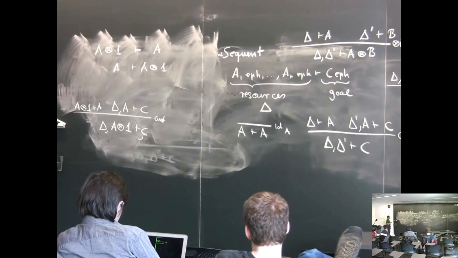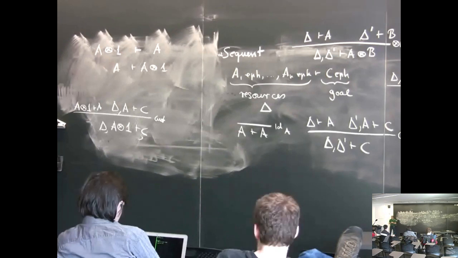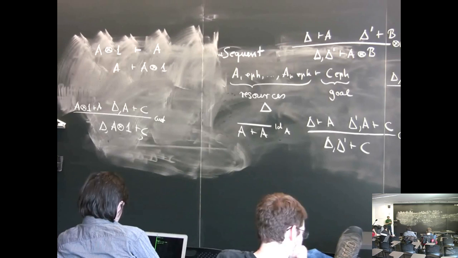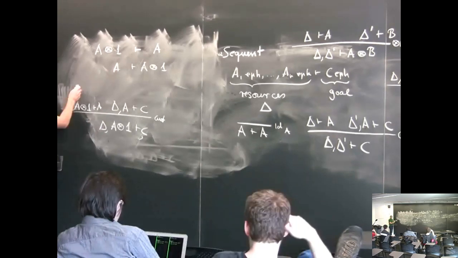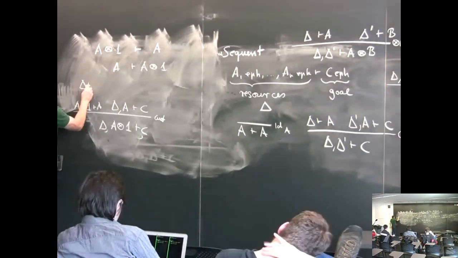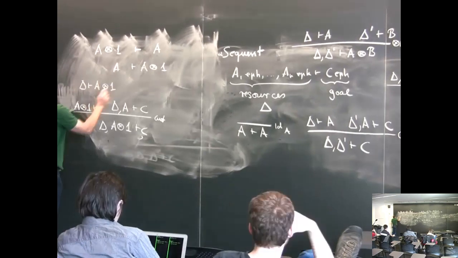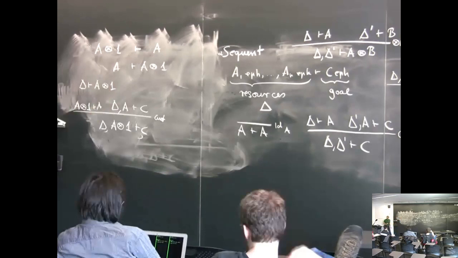Yeah, and how do we do that? Is it too obvious? "Among the premises." Okay, so let's say we have proven A tensor 1, and I want to now show that I could prove A also.